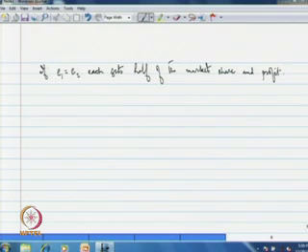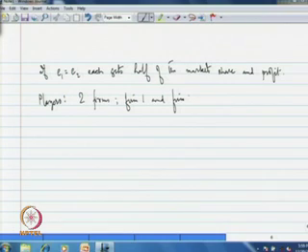So, we have to model this situation as a strategic game. So, who are the players here? The players are the two firms, firm 1 and firm 2. Actions: what are the actions that they choose?